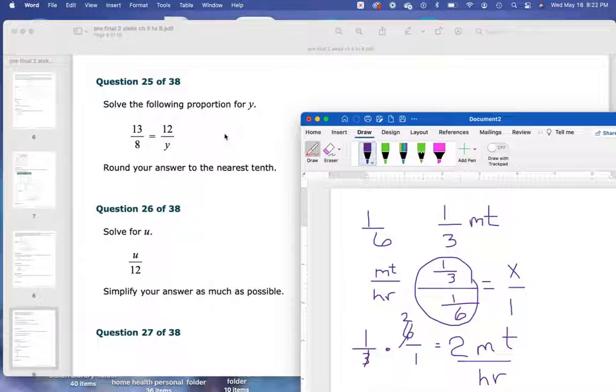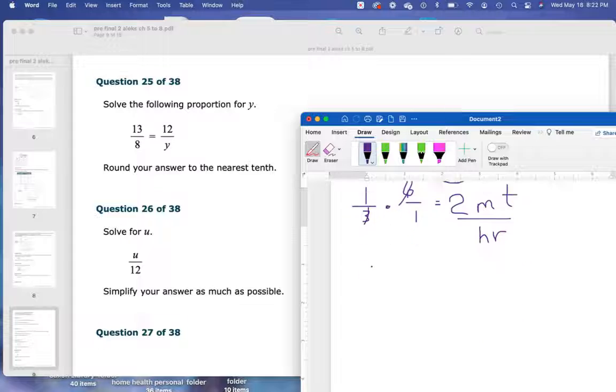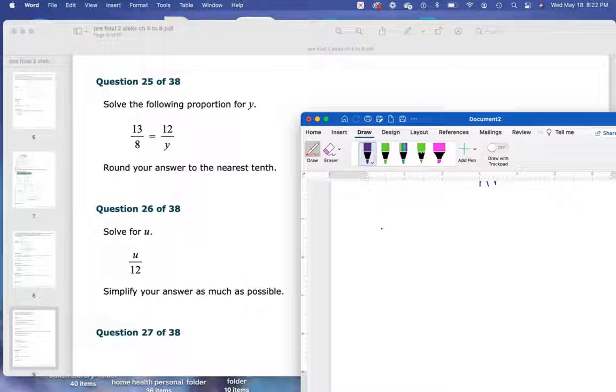Solve the following proportion for y and round to the nearest tenth. Okay, so we have 13 over 8 is 12 over y. So we're going to solve for y and round to the nearest tenth.